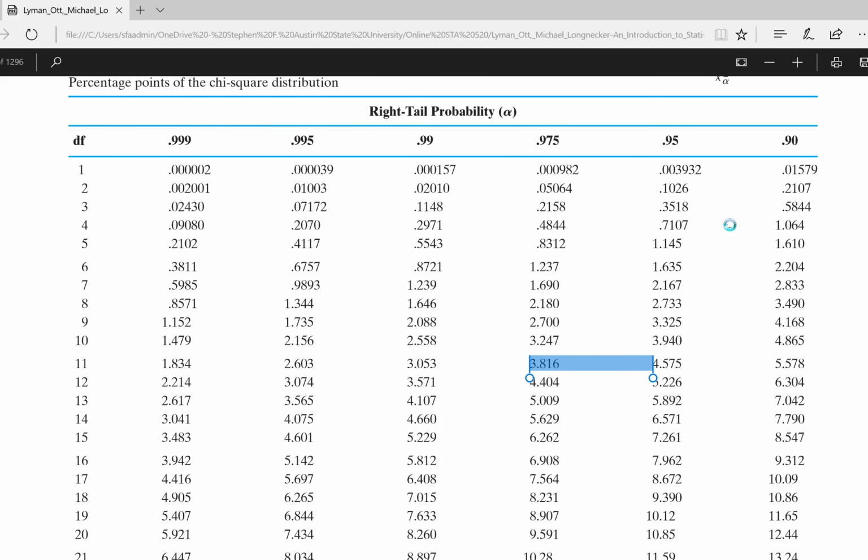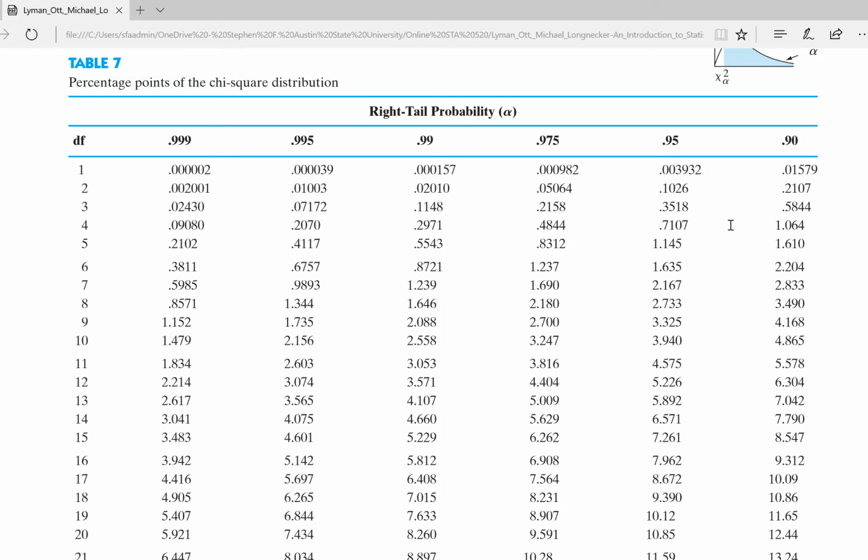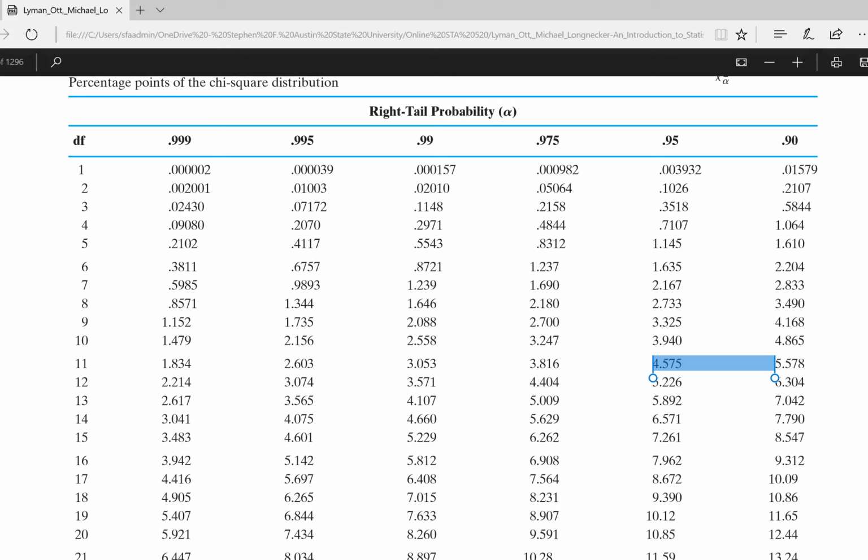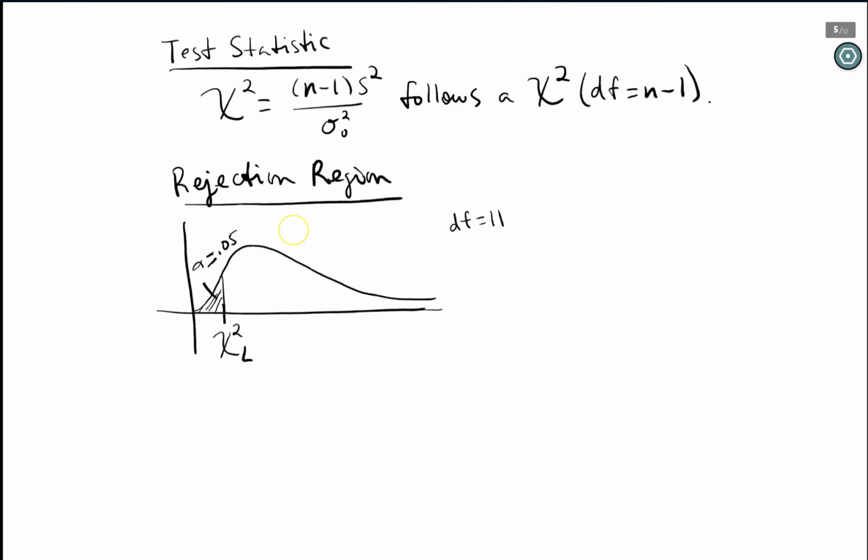Degrees of freedom 11, but I'm looking for the right tail area to be 0.95, so I'm going to be contending with the second most right column, 0.95 here, and the right tail area is 0.95, and the percentile is 4.575. Okay, so 4.575. Let's write that on here.